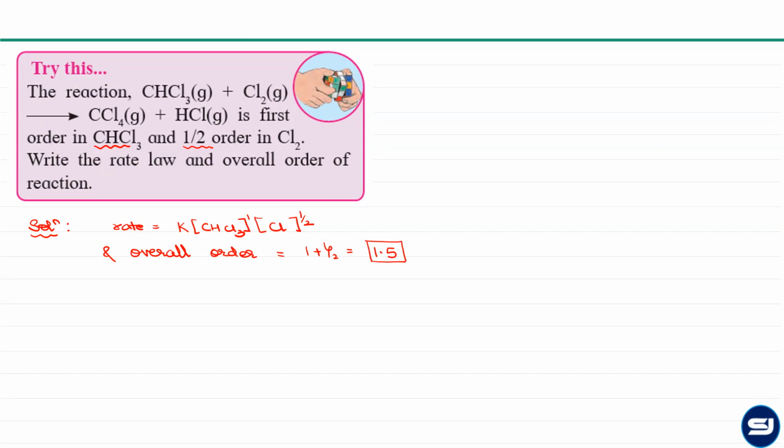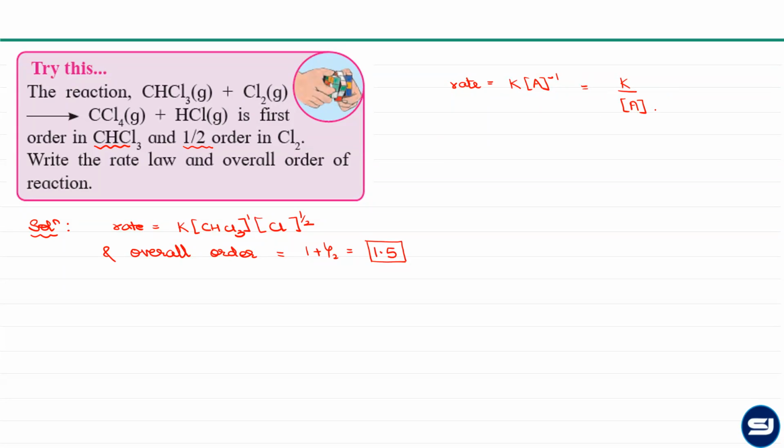If the order is negative, let's say I write rate equal to k into a raised to -1, तो order क्या है? -1. That's a negative order. तो इसका मतलब can I write k upon a? So how do you see rate and concentration now? Inversely.